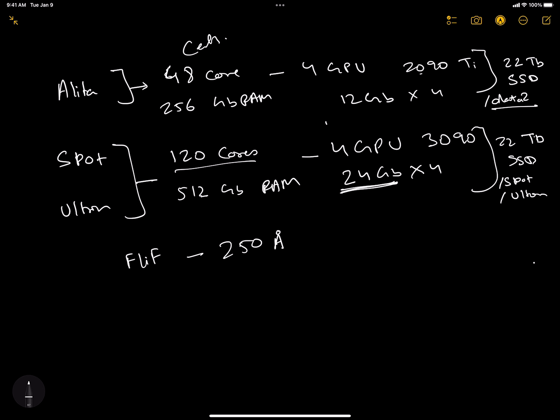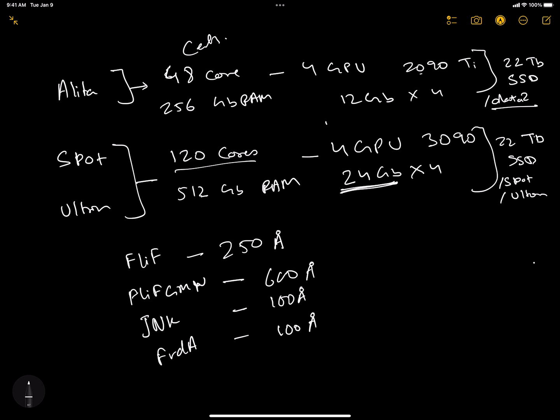And then we have Flea FGMN, which is about 600 angstrom wide. And then we have JNK or FRDA structures, which are around 100 to 120 angstroms each.